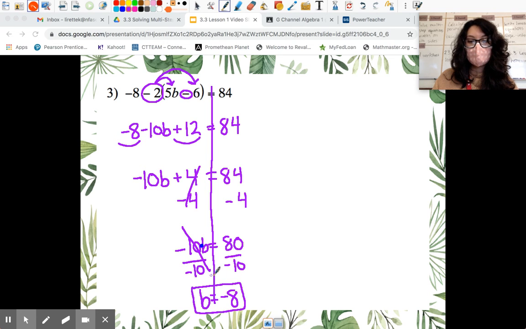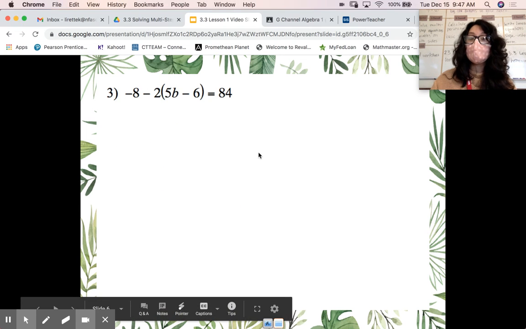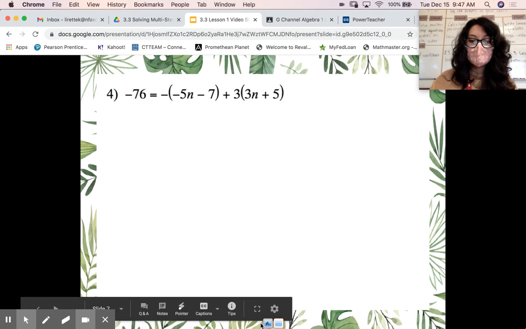Here's my final answer. And again, if you weren't sure if you got it right, you could replace this variable up here with the number. You would multiply first in your parentheses, subtract in parentheses, multiply that result with the negative 2 first, and then combine with the negative 8 last. Remember, you would follow order of operations when doing a check.